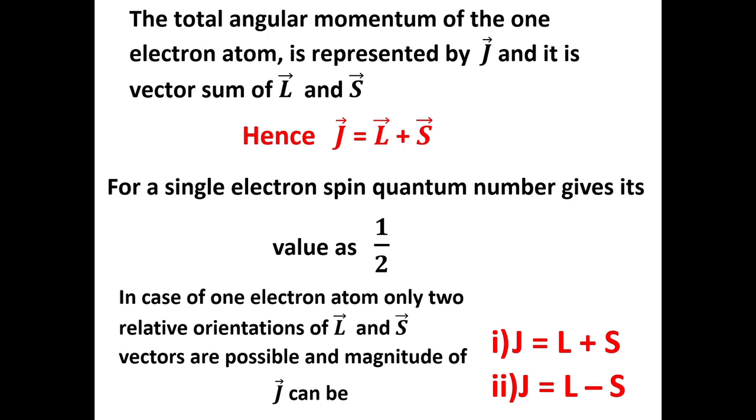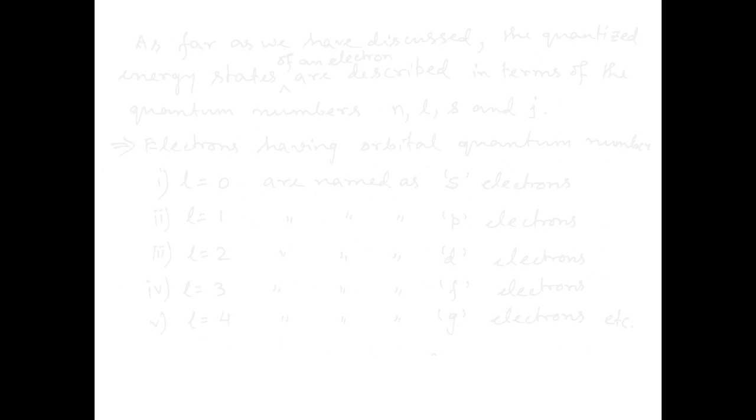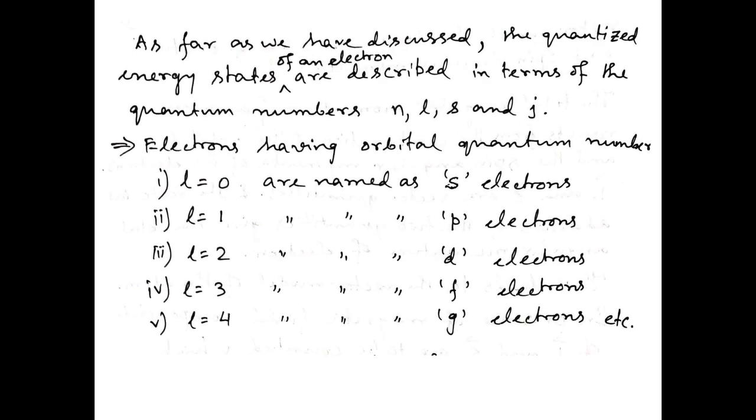From the previous discussion, we have seen the several notations of L with respect to sub-energy levels, that is sharp, principal, diffuse, fundamental, and that is 0, 1, 2, 3, that is SPDF. And additionally, if we look at L equal to 4, it is G, then in the other terms, higher order terms.